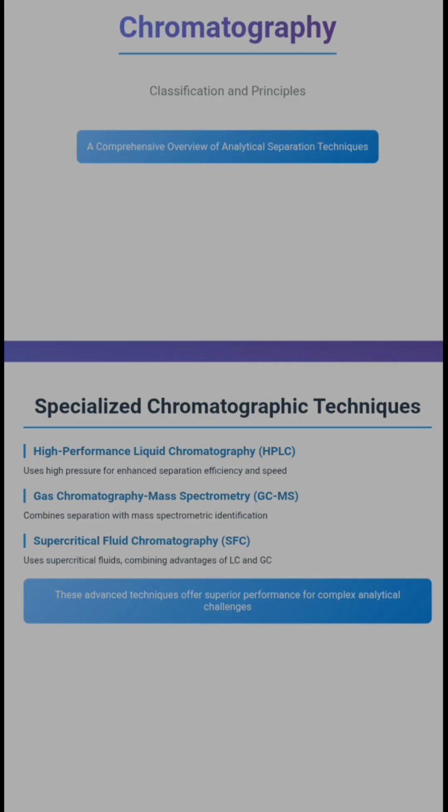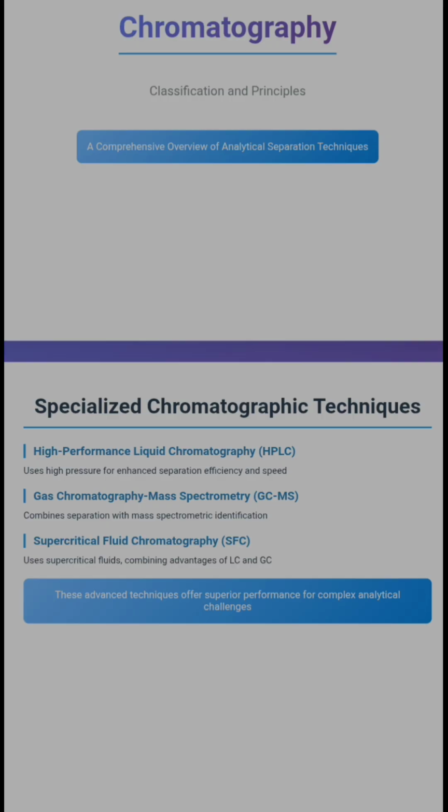Next, specialized chromatographic techniques: high performance liquid chromatography, gas chromatography-mass spectrometry, and supercritical fluid chromatography.